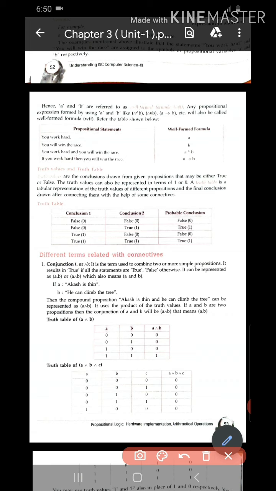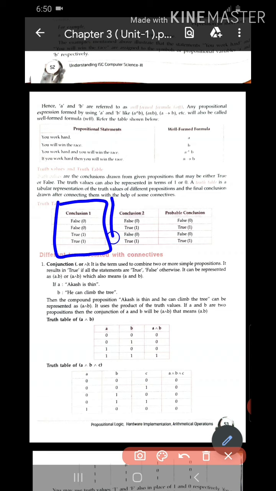How are we going to write a truth table? If you have two conditions together and you have to find the conclusion for them, each condition provides you a conclusion. The first condition provides some conclusion, either true or false, so it is a proposition.